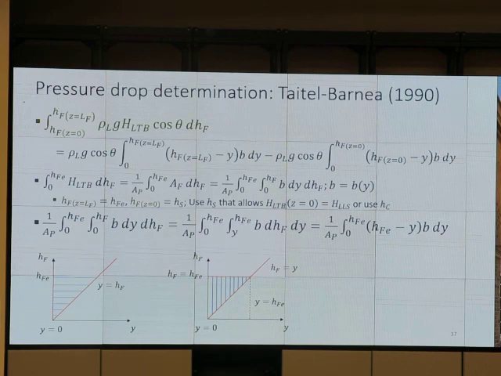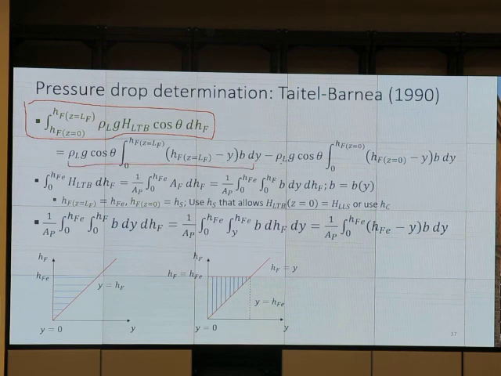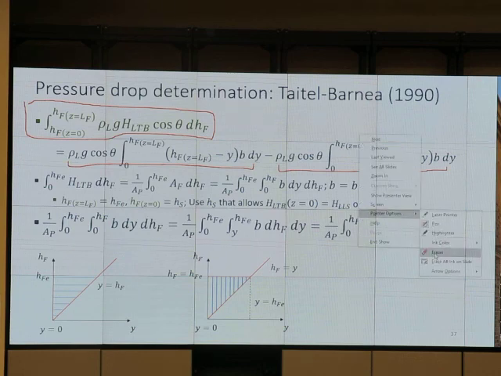You see that term? Cosine theta term, from z equal to 0 to L_F, of rho g h_LTB cosine theta. This term is that minus that. What am I doing here? I just split the term.